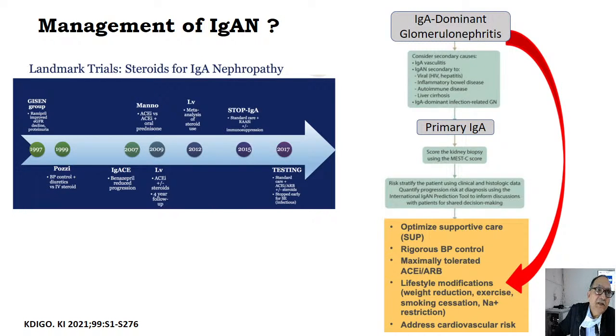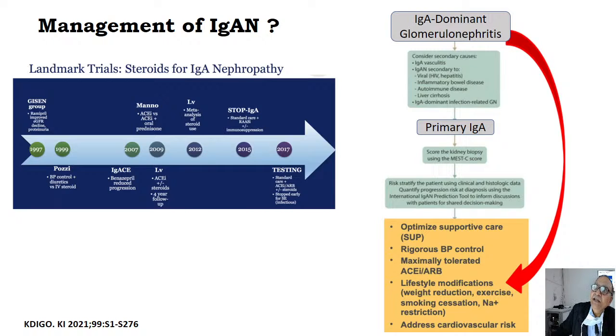3-4 decades of research in treatment of IgA nephropathy, other than conservative treatment of non-specific antiproteinuric drugs, ACE inhibitor or receptor blocker, the large trials, multiple from 1997 to 2017, have evolved around steroid treatment in IgA nephropathy.